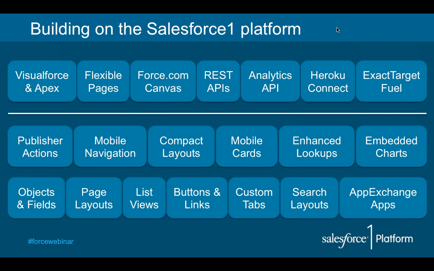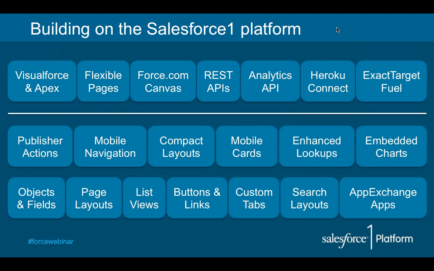So I will talk about most of these. Publisher actions, the mobile navigation that you can actually configure again, compact layouts, mobile cards, enhanced lookup, embedded charts, and so on. I will actually go through these and show you, because most of today will be actually demo. I'm not going to spend too much time in slides.